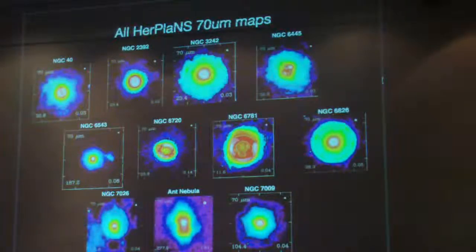Other than the ones in which CO had previously been detected, 6720, the ring, and 6781, is there CO in any other nebula? Oh, yes. We see it in 6445, 6781, and what was the other one? I think 68. We see that only in 3.